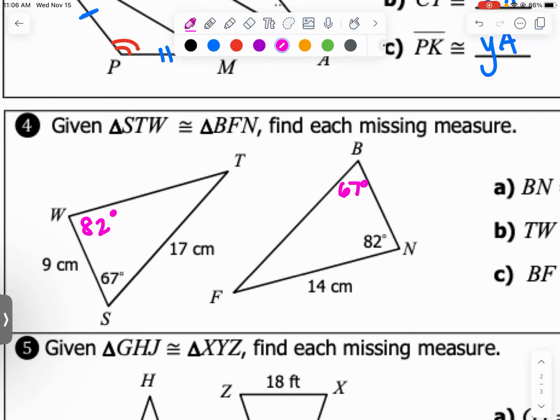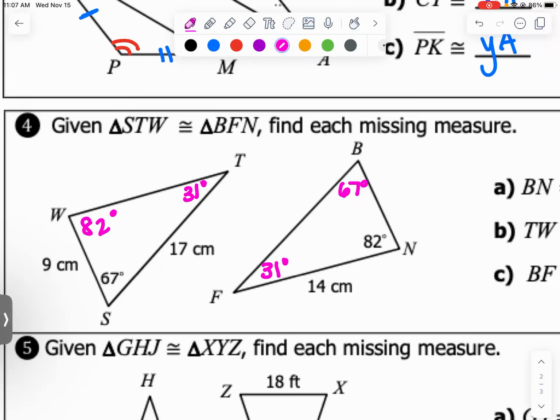So what angle would this be? So what's 67 plus 82? 149. 31.